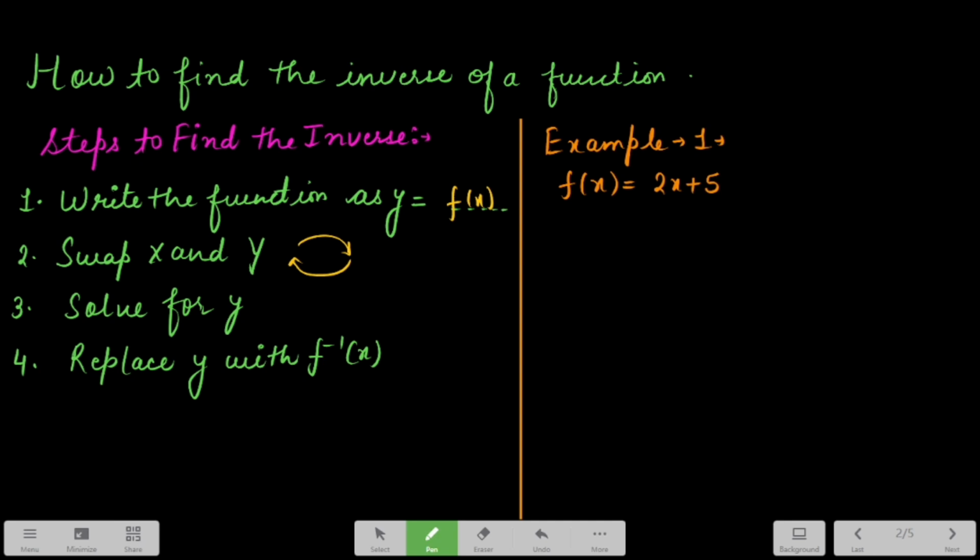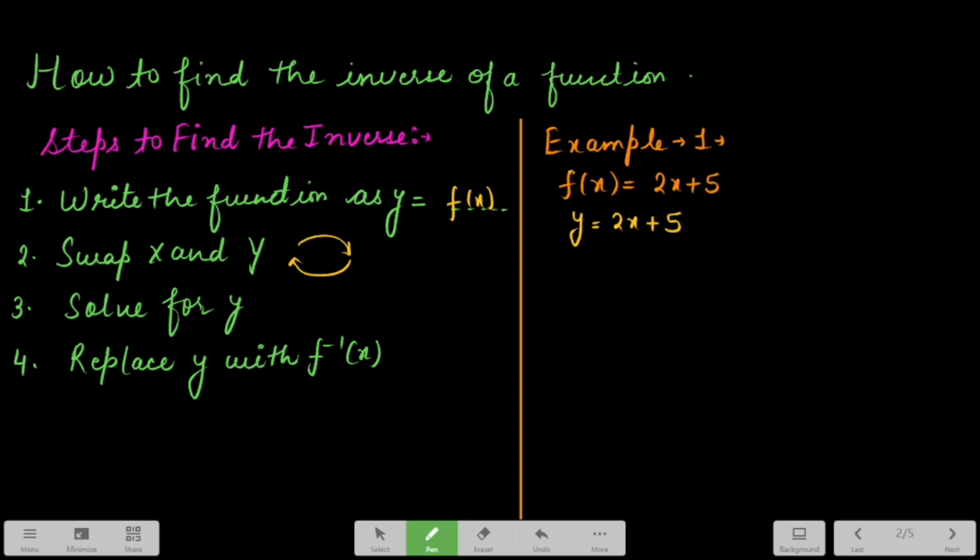So let's do an example. First example: the function is given, f(x) = 2x + 5, and we have to find the inverse of this function. We will follow these steps. First step, write the function as y = f(x).